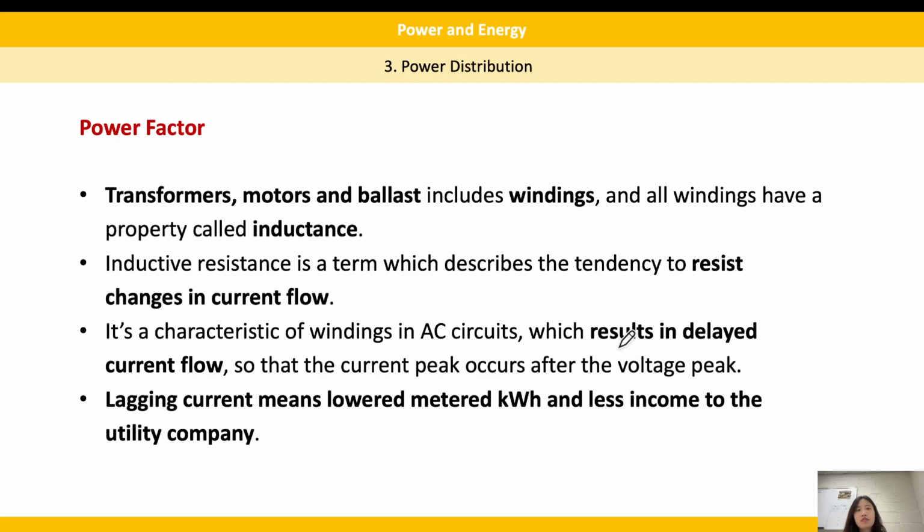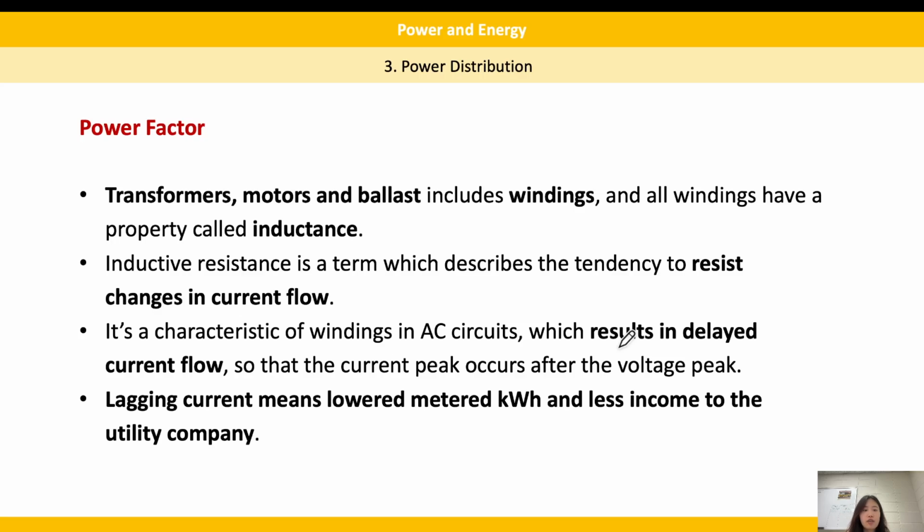And then for the power distribution, we need to consider power factor. This is related to lag caused by inductance or capacity. So what does this mean? Transformers, motors, and ballasts include windings, and all windings have a property called inductance. Inductive resistance is a term which describes the tendency to resist changes in current flow.